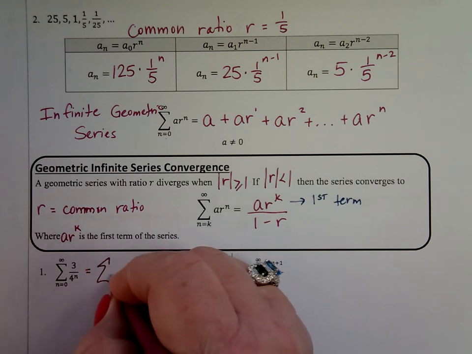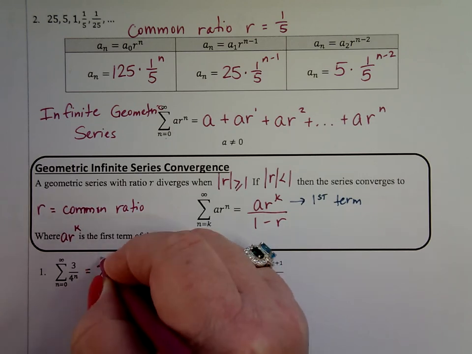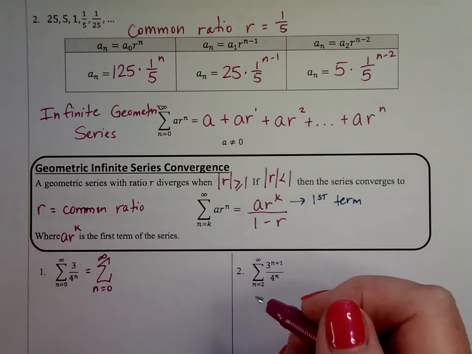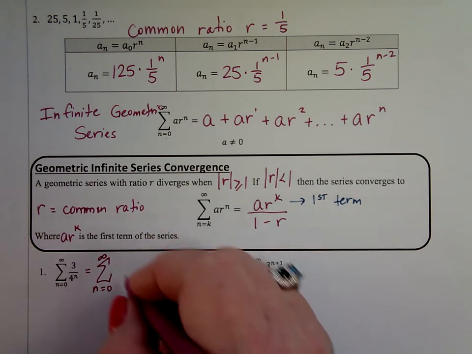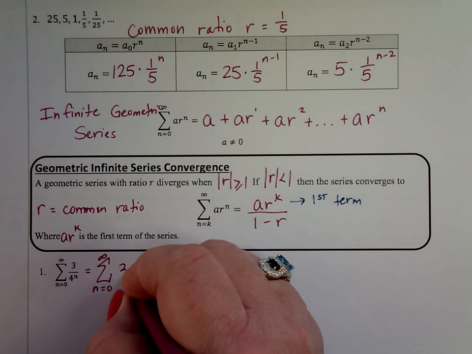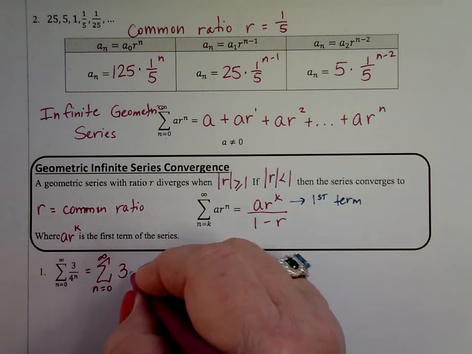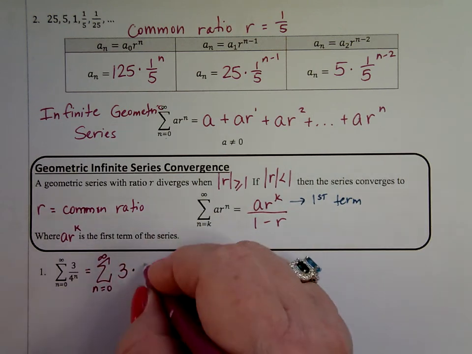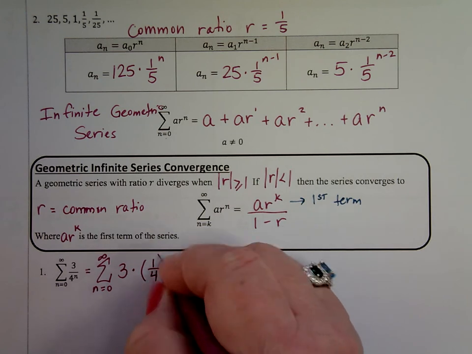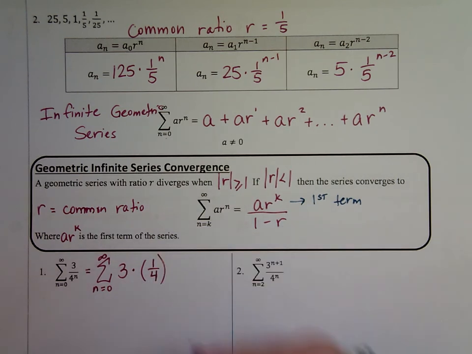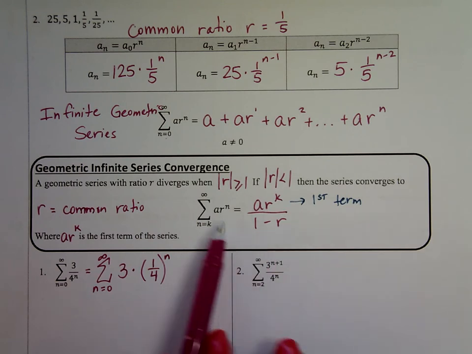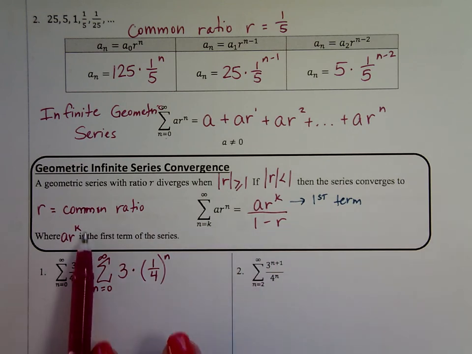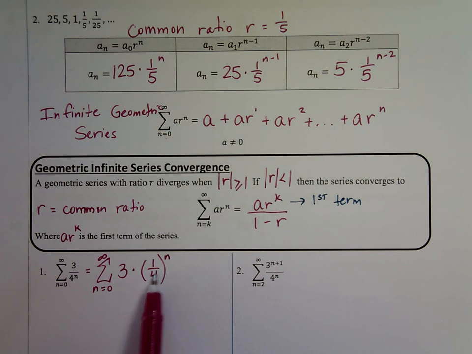I'm not going to change the sum any, 0 to infinity, but I'm going to break apart the fraction so that I would have the 3, the numerator, and then that would leave me with 1 over 4, right? Well, that 1 over 4 is to the nth power. See how it's now in this format of a r to the k power?